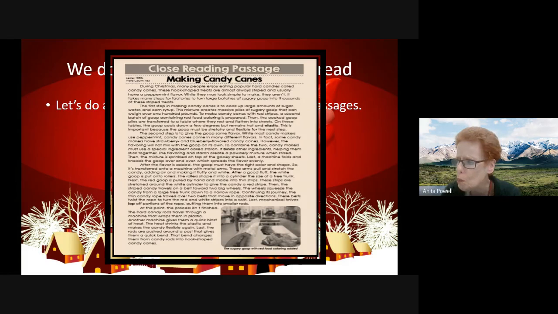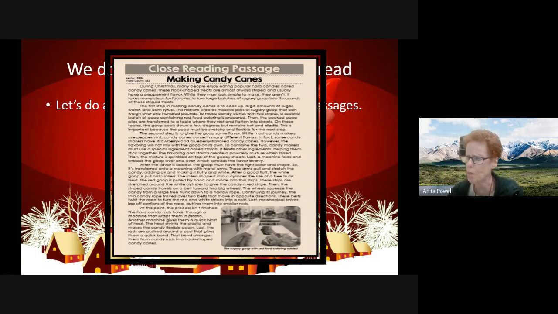Then the cooked goop piles are transferred to a table where they rest and flatten into sheets. On these tables, the goop cools down a few degrees but remains hot and elastic. This is important because the goop must be stretchy and flexible for the next step.